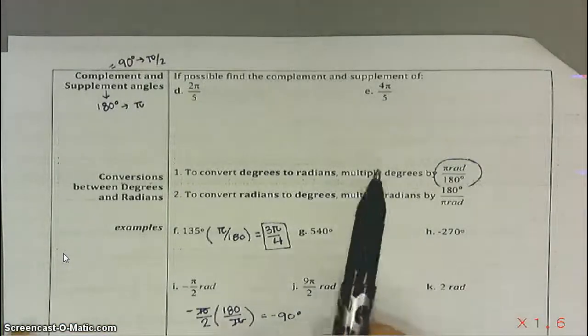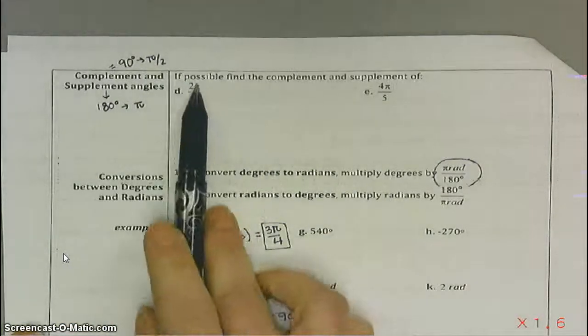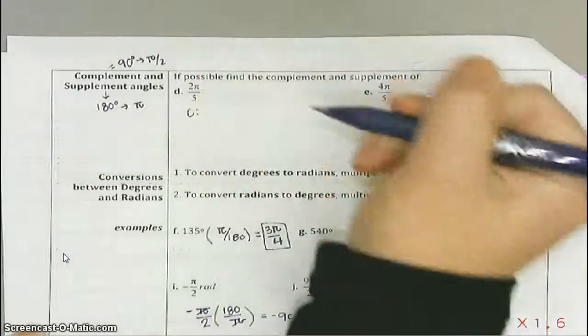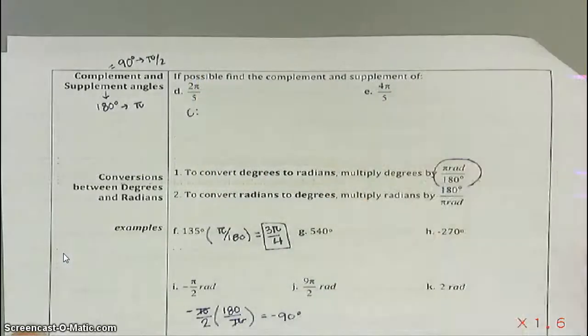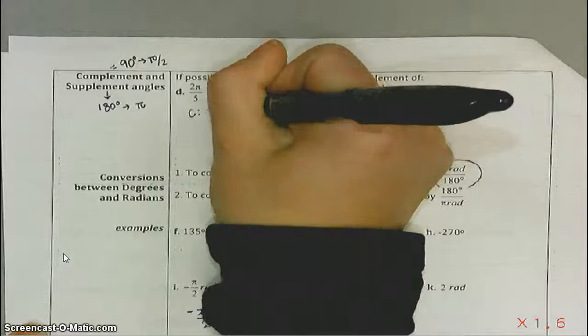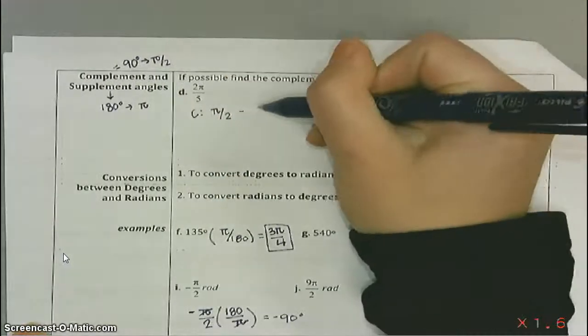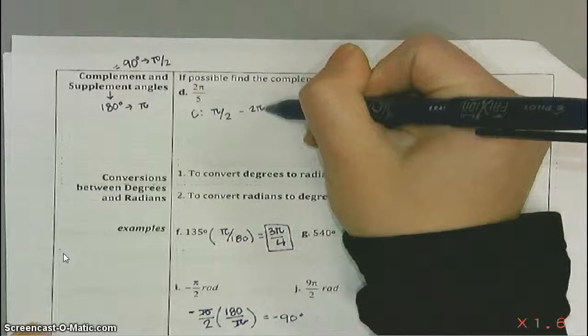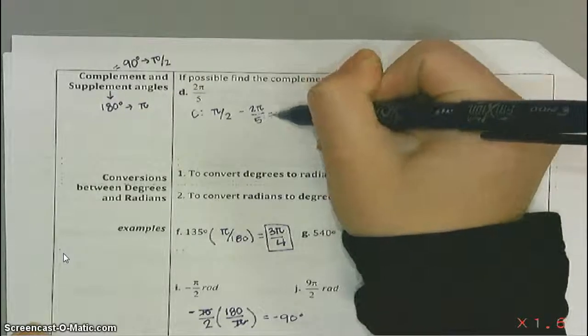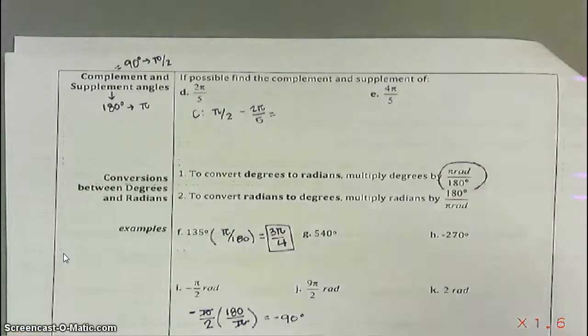So if you want to find the complementary angle to 2 pi over 5, all you do, I'm going to write C for complement, is take pi over 2 and subtract 2 pi over 5. Same deal with calculating.